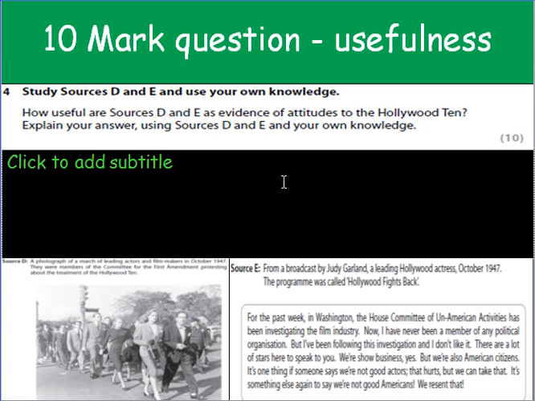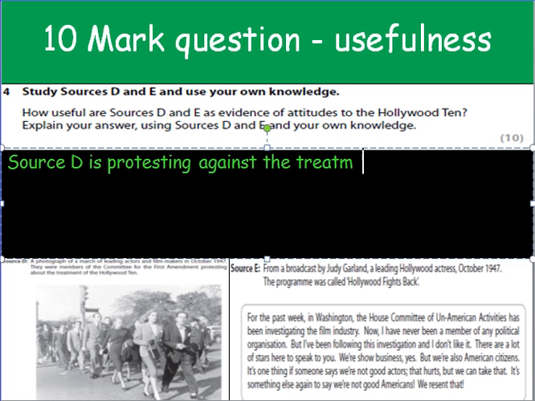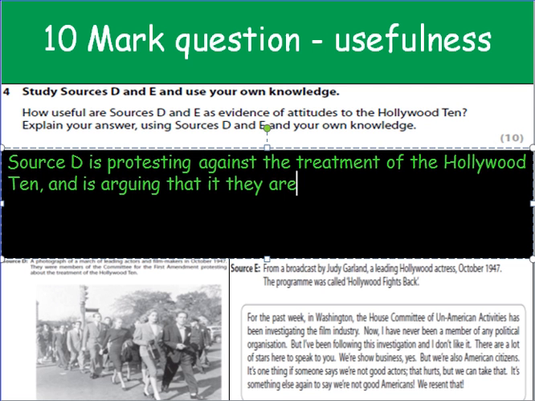Source D. Let's have a photograph of a march of leading actors and filmmakers in October 1947. They were members of the Committee for the First Amendment protesting about the treatment of the Hollywood 10. Okay, so source D is protesting against the treatment of the Hollywood 10 and is arguing that they are innocent.